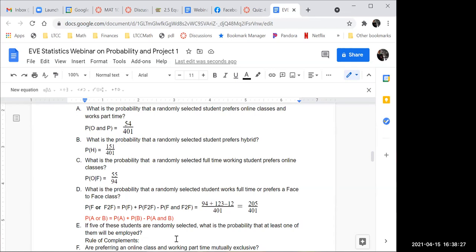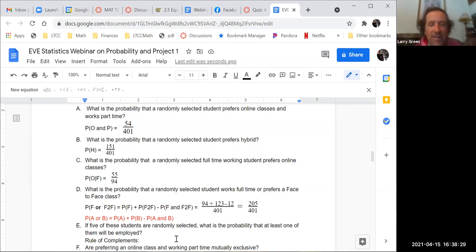6%. Okay, and you got that, hopefully, by taking 100% minus 94%. That's how you got that, right? And that's the rule of complements. So it's the probability of not A is equal to 1 minus the probability of A. And 1 is the same as 100%, right?